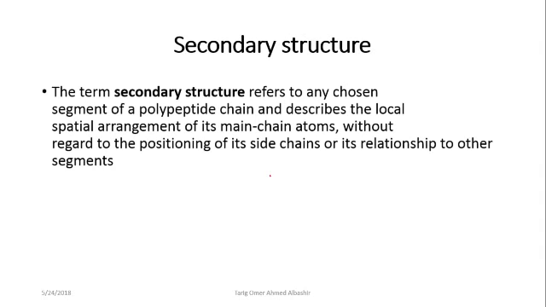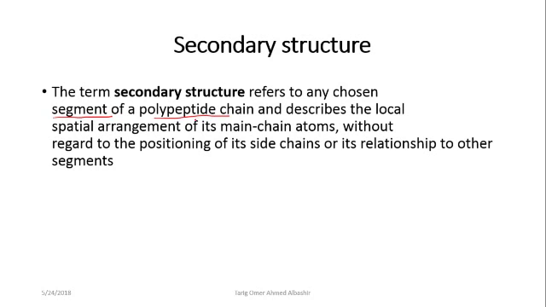The term secondary structure refers to any chosen segment. And this is the first piece of information that is important for us: it is just a description of a specific segment in the polypeptide chain.